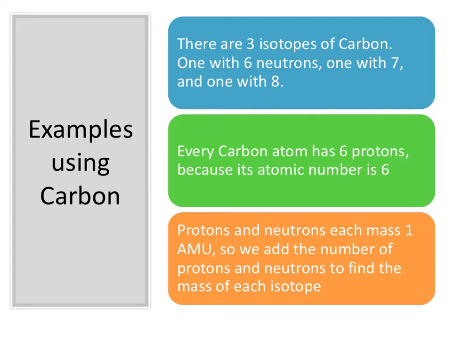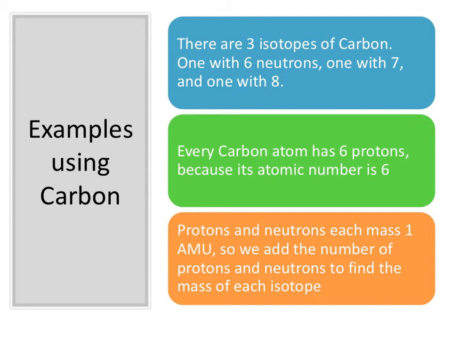All right, so again, when we look at carbon, carbon has 3 different isotopes that occur naturally: carbon-12, carbon-13, and carbon-14. Since they each have different numbers of neutrons, each of them are going to have different masses. Carbon-12, mass is 12, carbon-13, mass is 13, carbon-14, mass is 14.